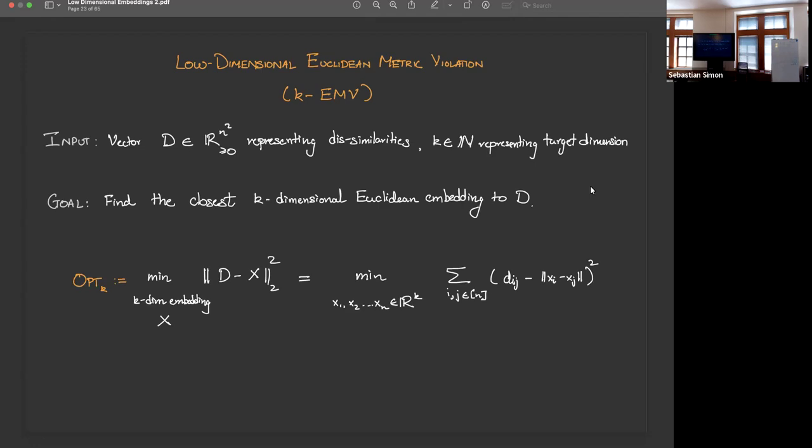And I want to minimize the L2 squared distance between the input vector and the embedding vector X. Here's a better way to think about it, and I'll switch between the two. I'm minimizing over points x1 to xn in R^k such that the distance in input space minus the distance in k-dimensional Euclidean space, the squared differences of these, is minimized.